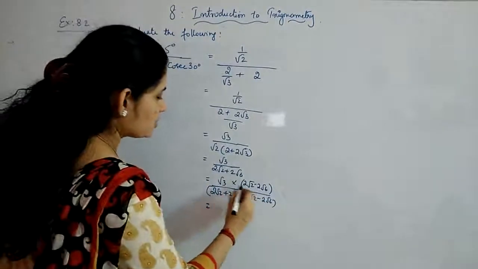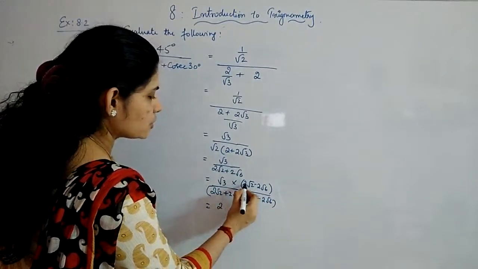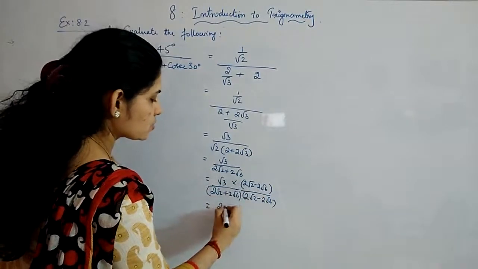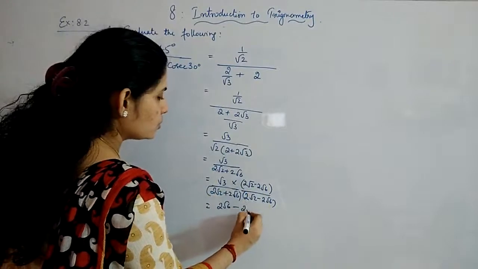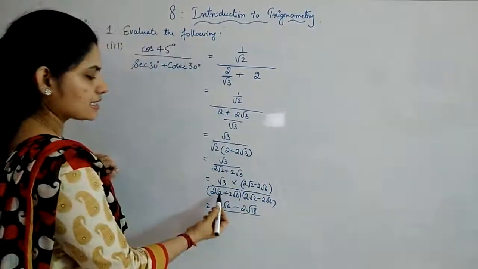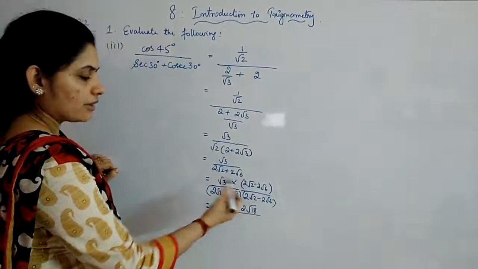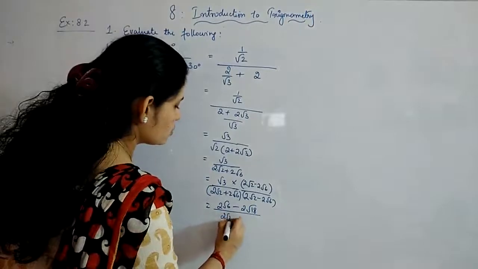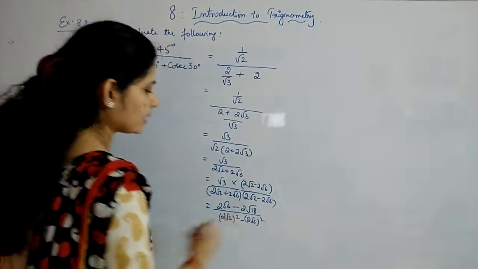Now what you will get here is, this root 3 into this will give you 2 into root 3 into root 2, which is 2 root 6, minus, here again, 2 root 18, divided by, this is like a plus b into a minus b form. So you can use a square minus b square, so that you will get 2 root 2 the whole square minus 2 root 6 the whole square.